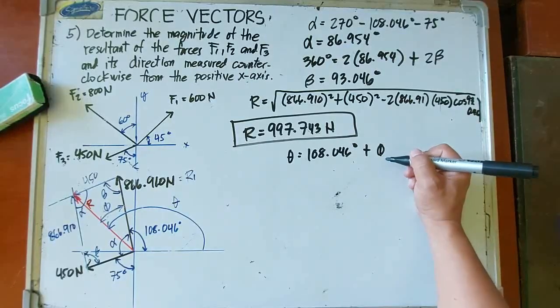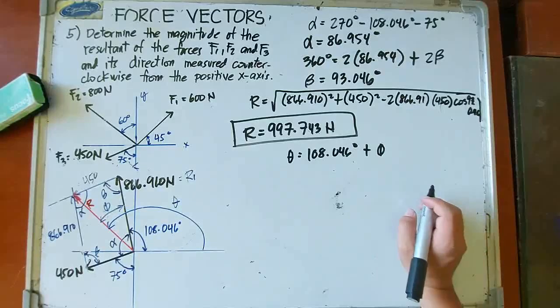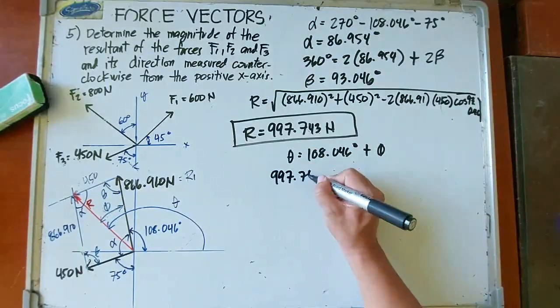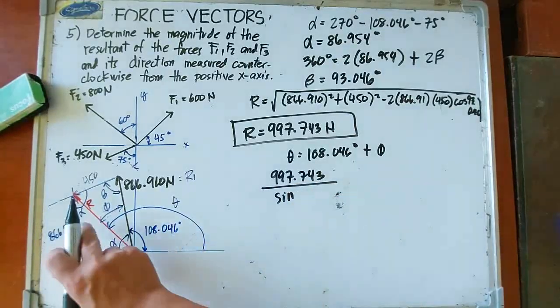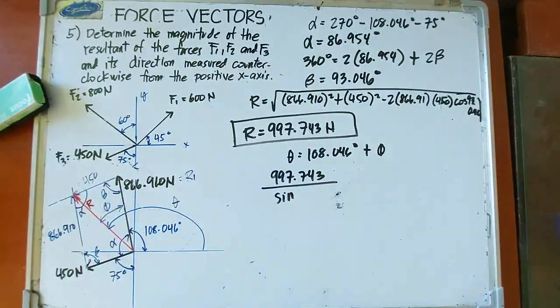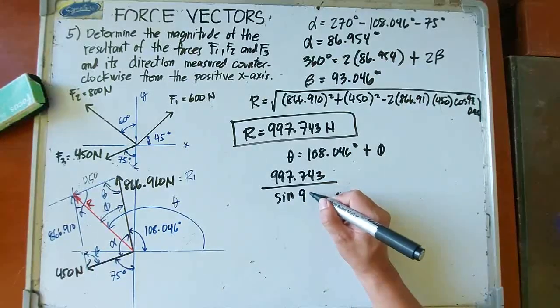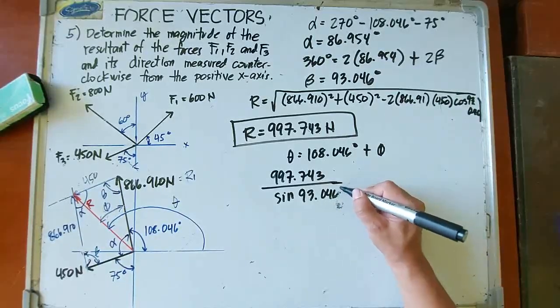Okay, sine law. So paano natin i-apply yung sine law? So alam naman natin yung value ng resultant, that is 997.743 divided by the sine of the opposite angle. Anong opposite angle ng resultant? That's the angle beta. Beta is equal to 93.046 degrees.